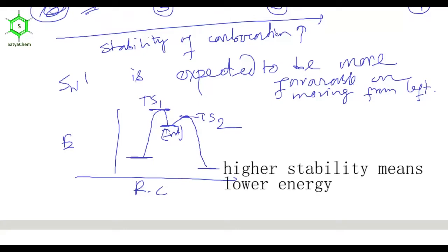Now, if the intermediate carbocation gets stabilized, then the transition state also becomes stabilized. Then the required activation energy becomes small, so the reaction proceeds very easily, because the energy barrier gets decreased.